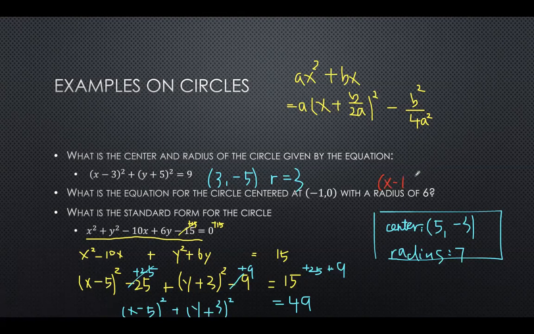So for the standard form, the x term is x minus 1 squared plus y minus 0 squared equals the square of the radius, which is 6 squared, 36.